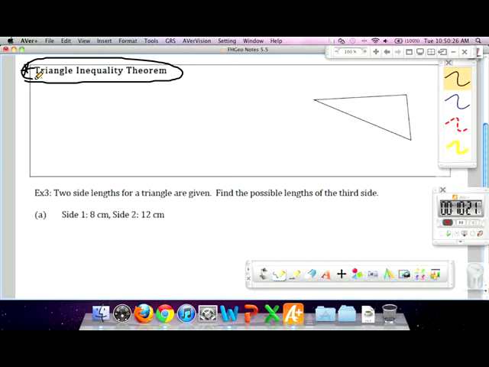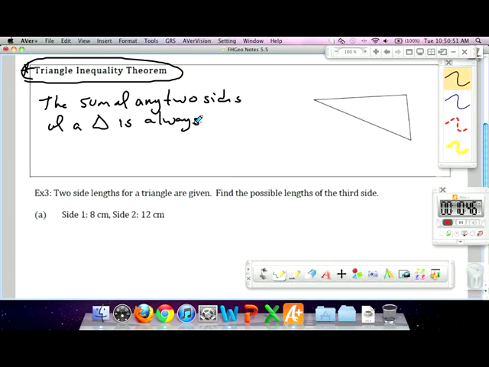It says that the sum of any two sides of a triangle is always greater than the length of the third side.